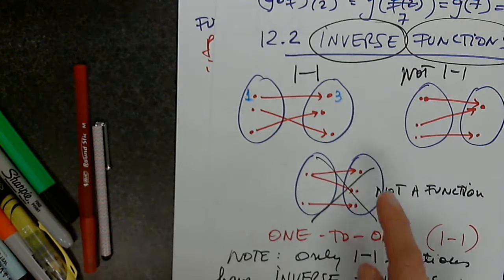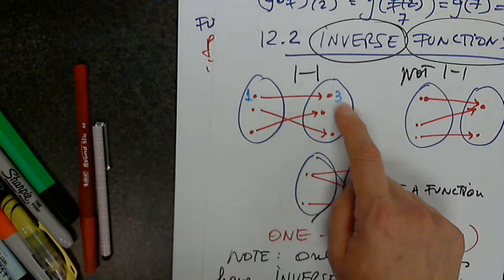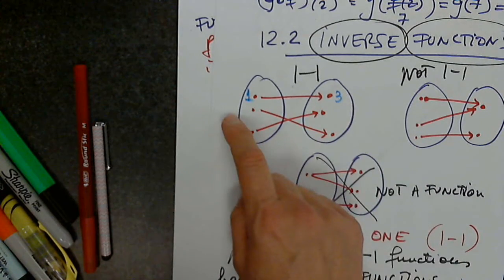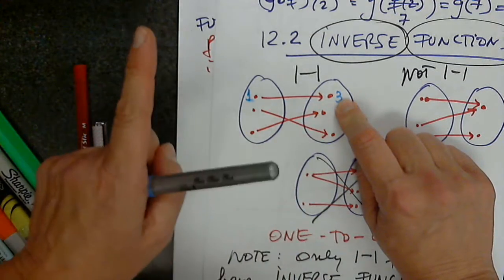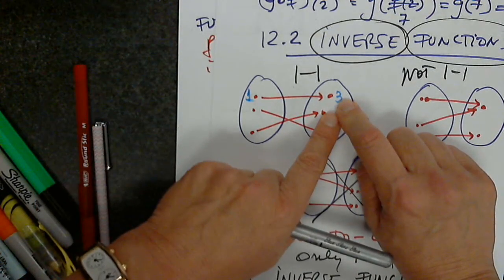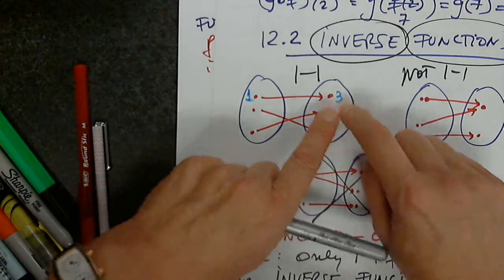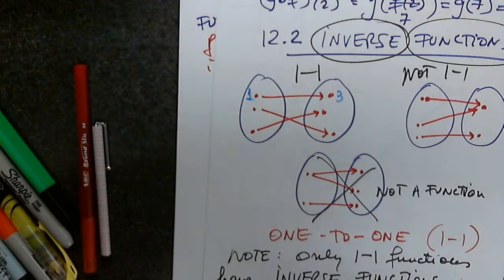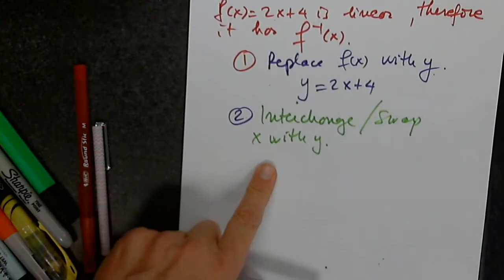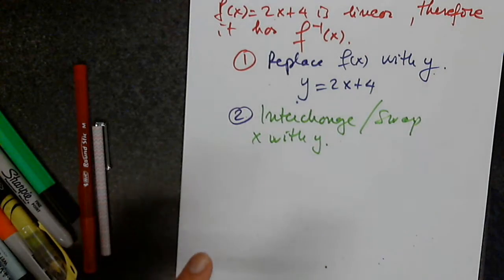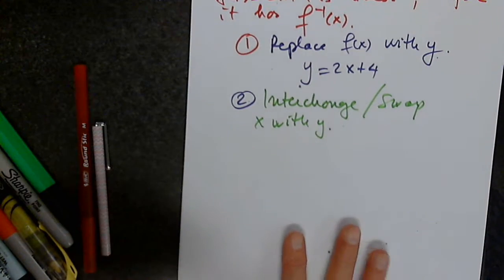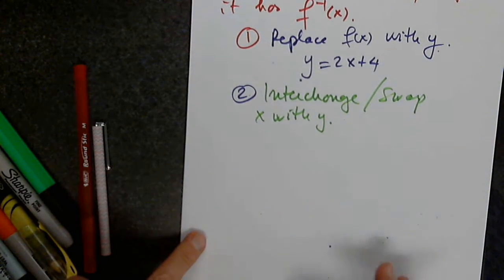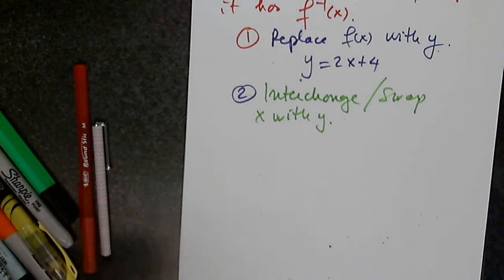When I apply the inverse function to 3, what do I get? Correct. So 3 is y for the function, but it becomes x for f inverse. That's why I swap them. That's why I'm allowed in step 2 to interchange. And now the y becomes f inverse, which we will determine in a minute. So how will I write the new equation then?